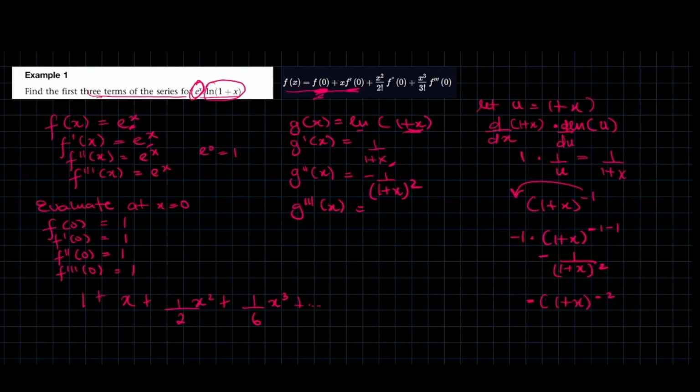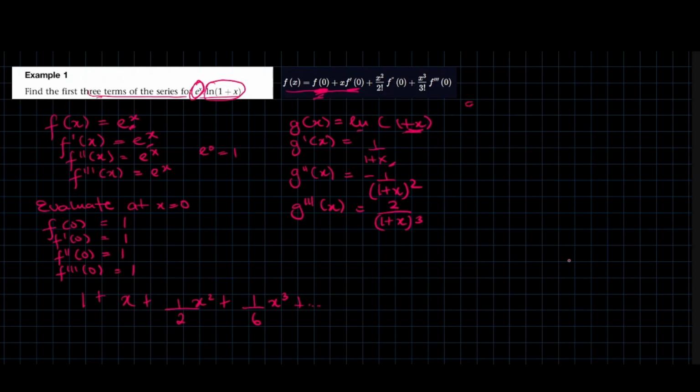Don't forget the minus. So the minus 2 is going to come down here, so it will be minus 2 times minus, which will leave you with just 2. And here you can do minus 2 minus 1, which is 1 plus x raised to power minus 3. Leaving you with 2 over 1 plus x raised to power 3.